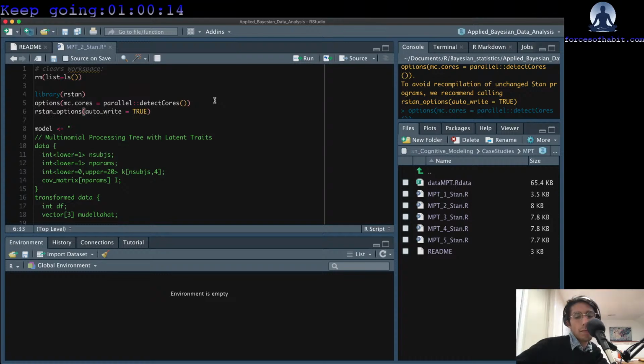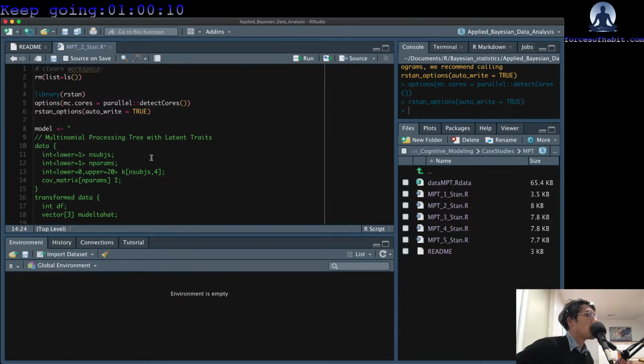Okay, multinomial processing tree. We're going to specify the data being number of subjects, number of parameters, and then k is going to be an array of k values that can range from 0 to 20, because we have 21 subjects. We start at 1, but it looks like in Stan we have 0.